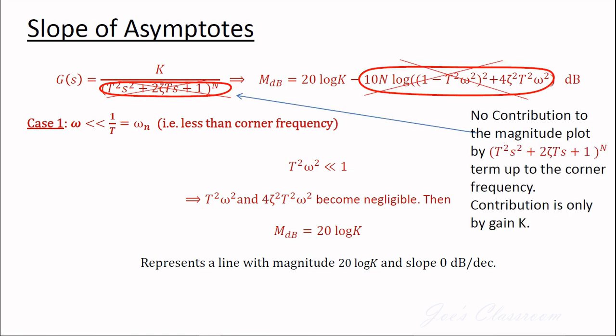And this makes me understand that up to the corner frequency, or up to 1 by t, the contribution by this entire denominator term is negligible and it is neglected. And this 20 log k is contributed only by this constant k term.